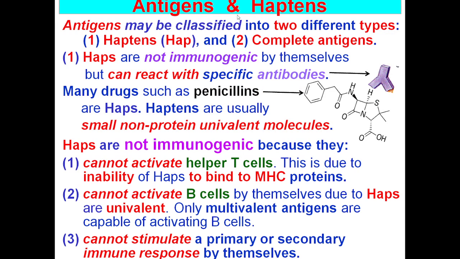You know that antigens may be complete or incomplete. Incomplete antigens are named haptens. Haptens are low molecular weight compounds, usually of non-proteinaceous origin. Haptens are antigenic. It means they may react to the antibodies, but they are not immunogenic. In the right part of the slide, you see formula of the penicillin.